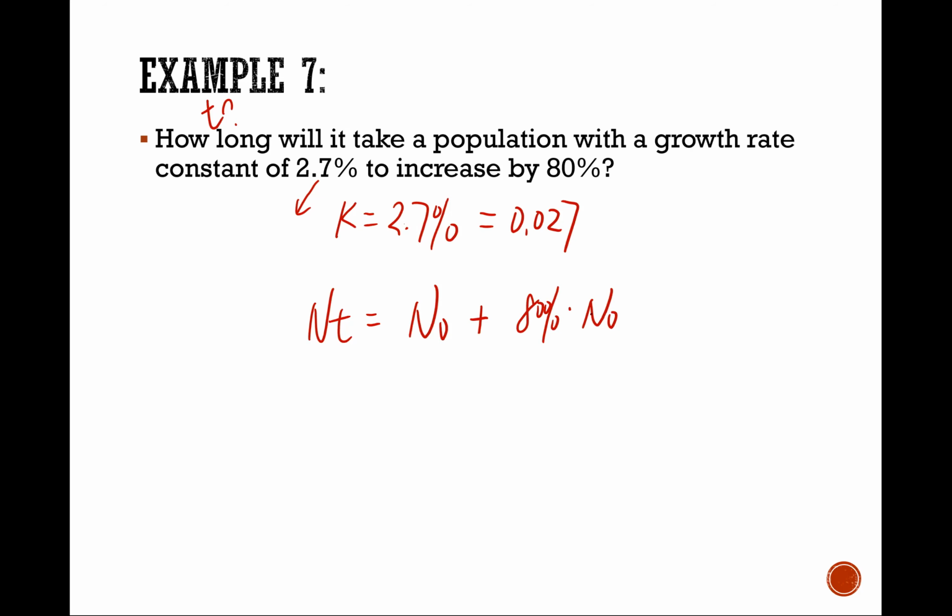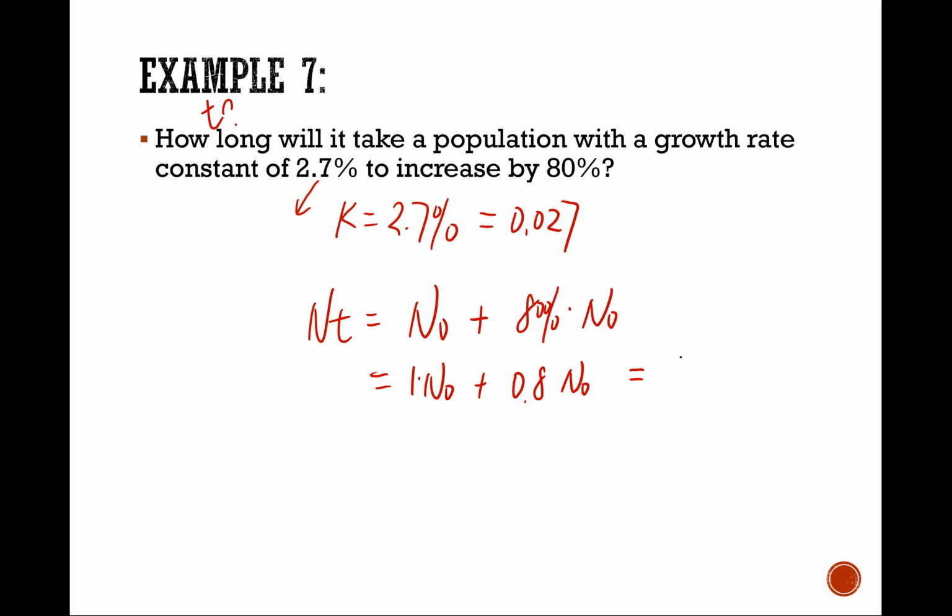Okay. And we will be able to clarify the relationship between those two, which is N0 plus 0.8 of N0. Okay, that becomes, this is 1 times N0, and this is 1 plus 0.8, which is 1.8 times N0.